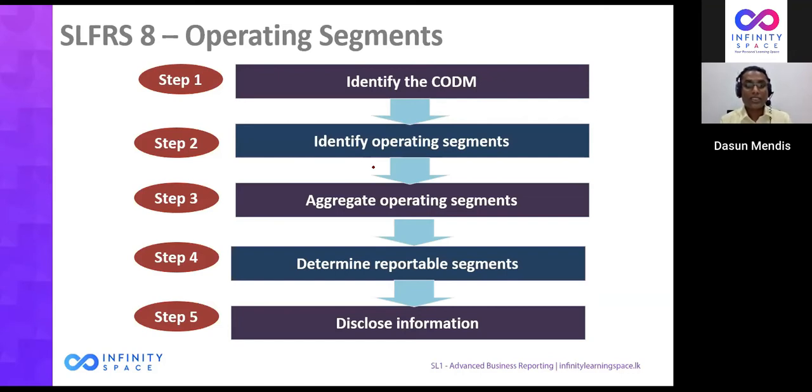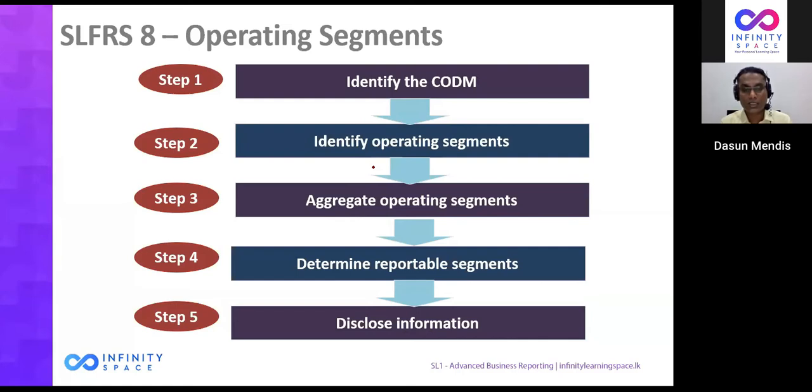Then in step number 4, out of these aggregated operating segments, we look at which are material based on the threshold test, which I'm going to discuss in a little while. You do the threshold test based on revenue, profit or loss, and assets, and identify what is significant. So you determine the reportable operating segments.